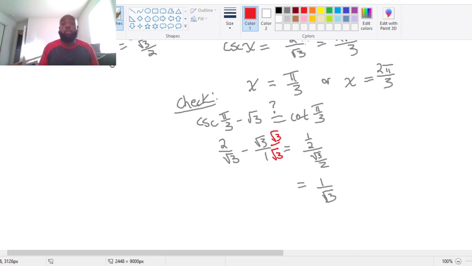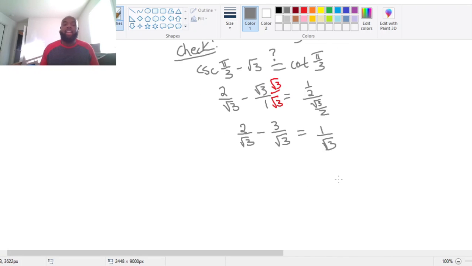And so what we're going to have here is 2 over the square root of 3 minus the square root of 3 times the square root of 3, which is 3 over the square root of 3. And if I simplify that, I'm going to get -1 over the square root of 3. And we know that that definitely does not equal positive 1 over the square root of 3.